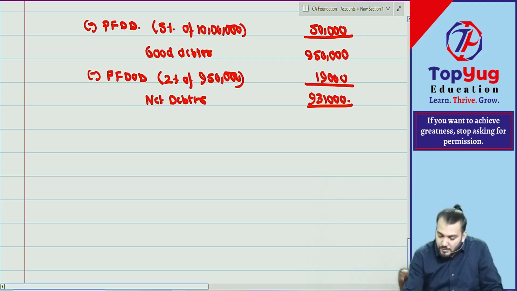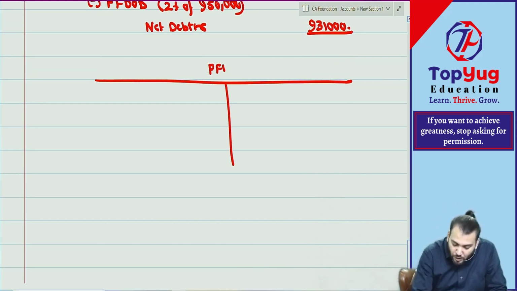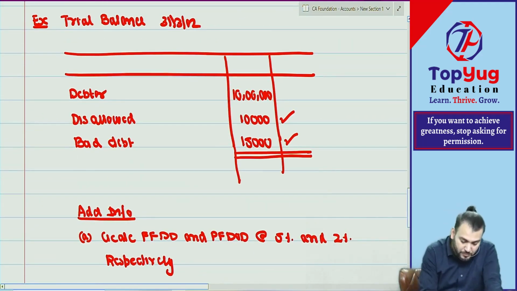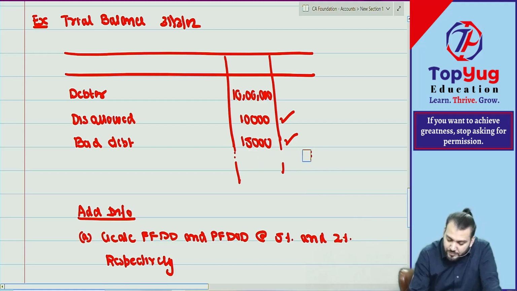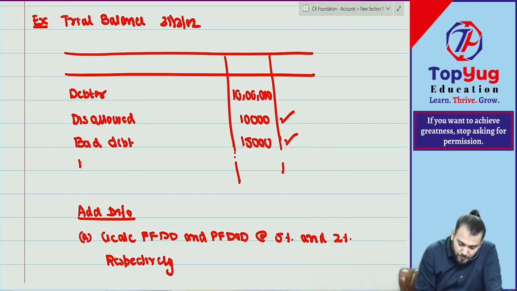Correct. Now we'll create what? One provision for doubtful debt account. Tell me, what is the opening balance? Okay, I have not given opening balance now. Oh, I missed it. Okay, write down two balances. Provision for doubtful debt and provision for discount on debtor.